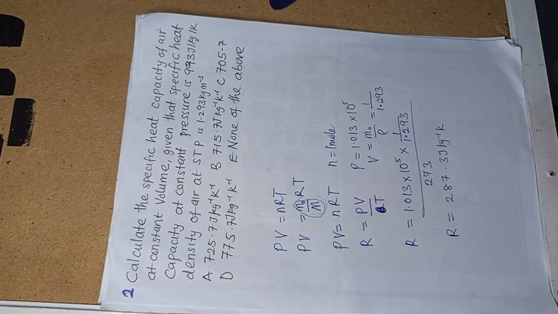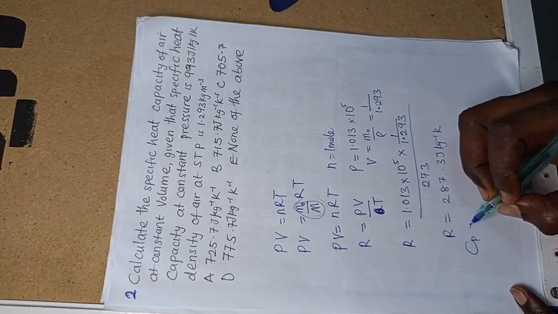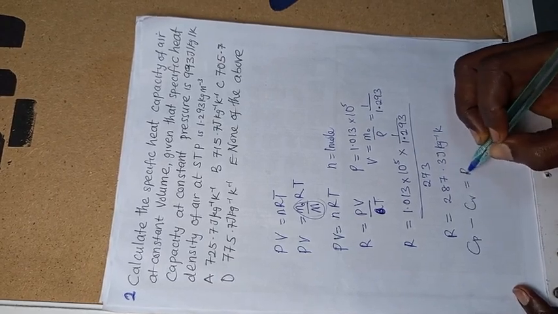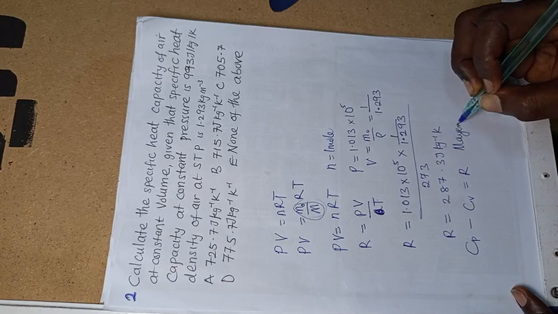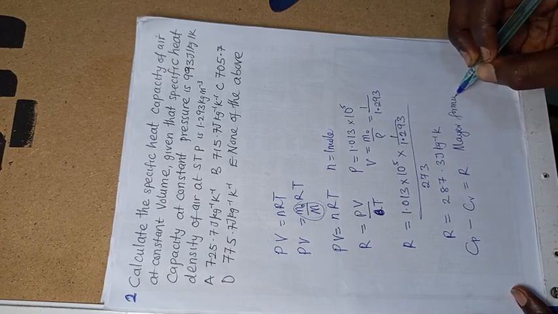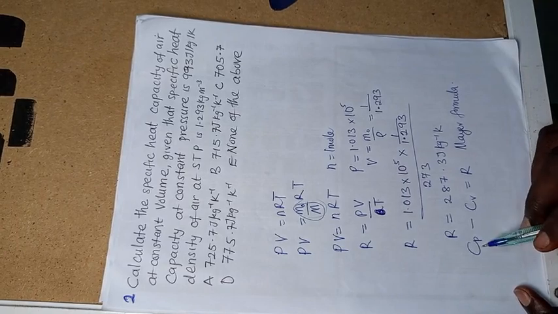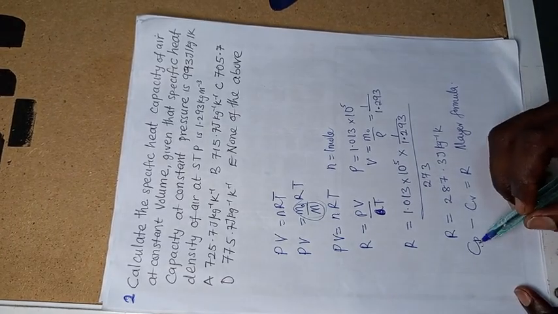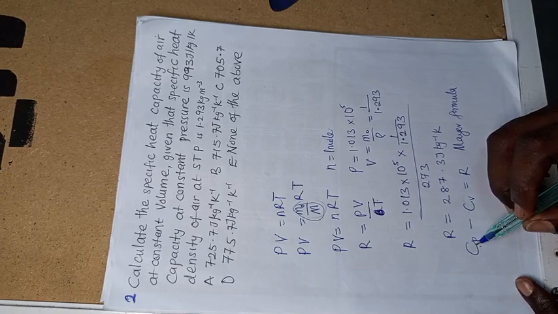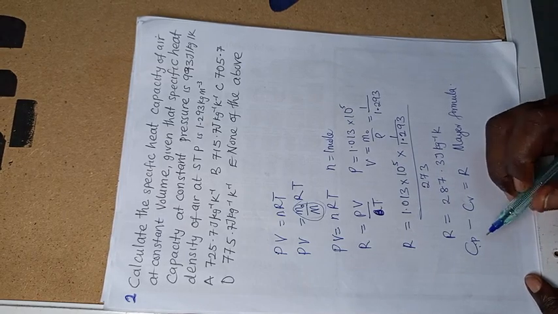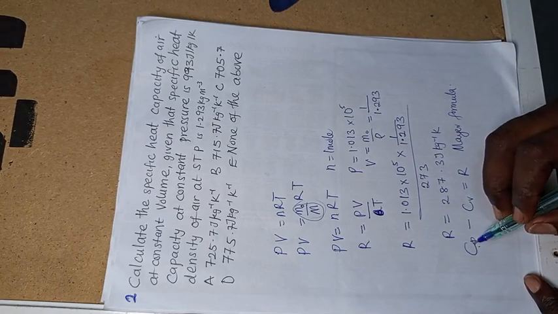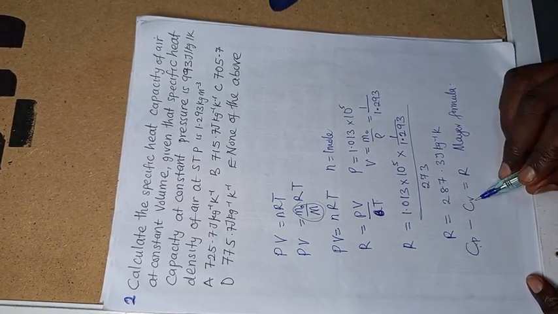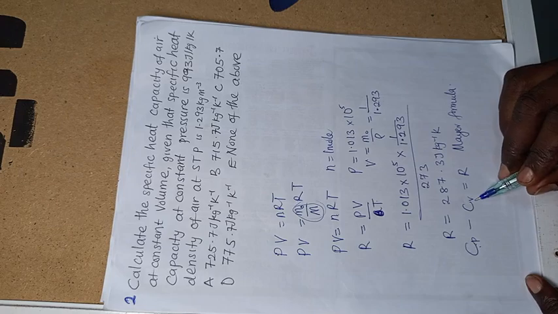Now, having done that, our CP minus CV equal to R, Mayer's formula. CP is the specific heat capacity at constant pressure, and CV is the specific heat capacity at constant volume.